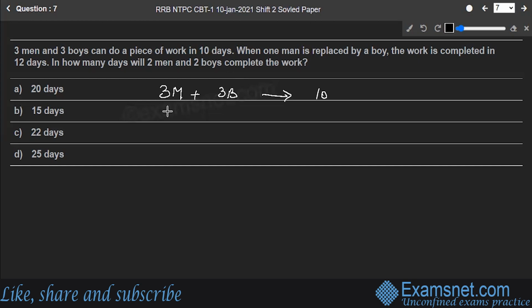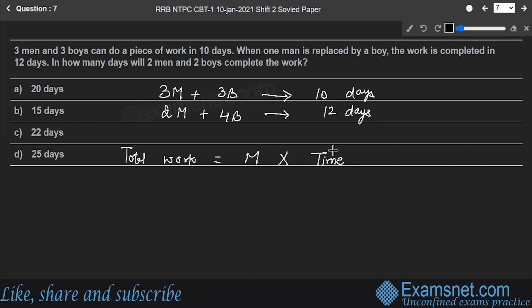So one man is replaced, that means I'll have 2 men and 4 boys. The work will be completed in 12 days. You know one thing, total work is equal to total manpower into time taken.